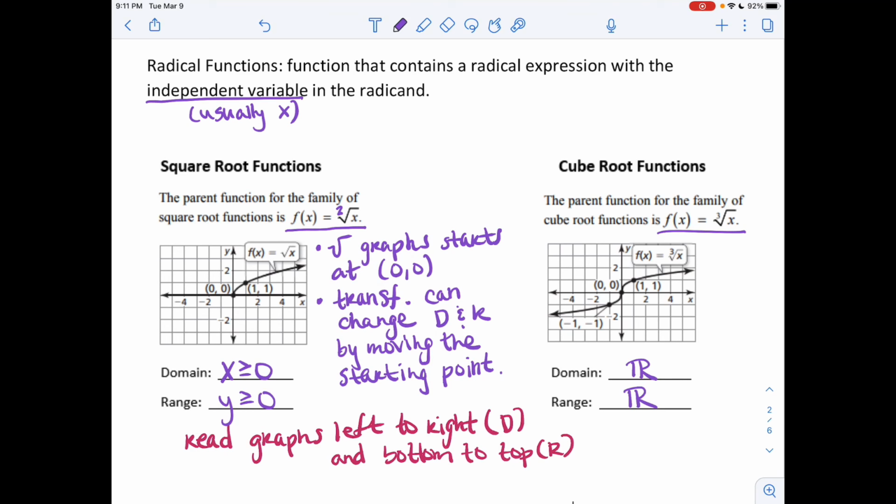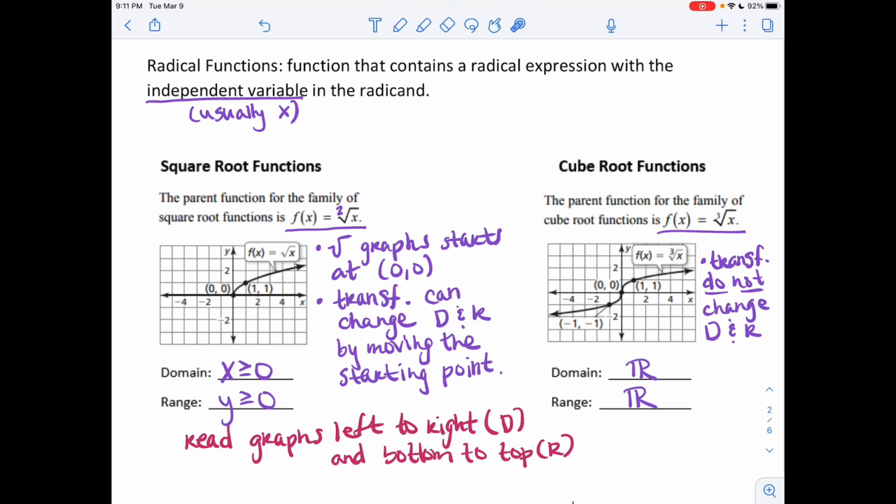So our domain and our range for our parent function are all real numbers, or negative infinity to positive infinity. That means that transformations cannot change our domain and range. Our domain and range will always be all real numbers.